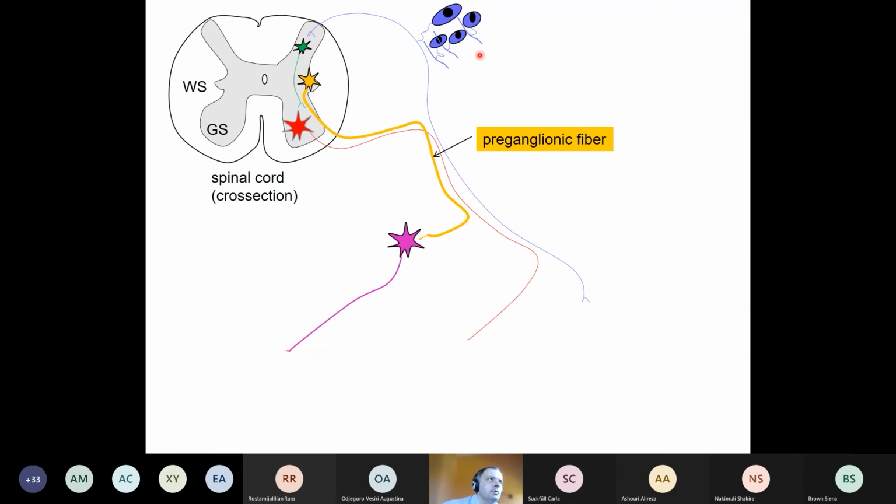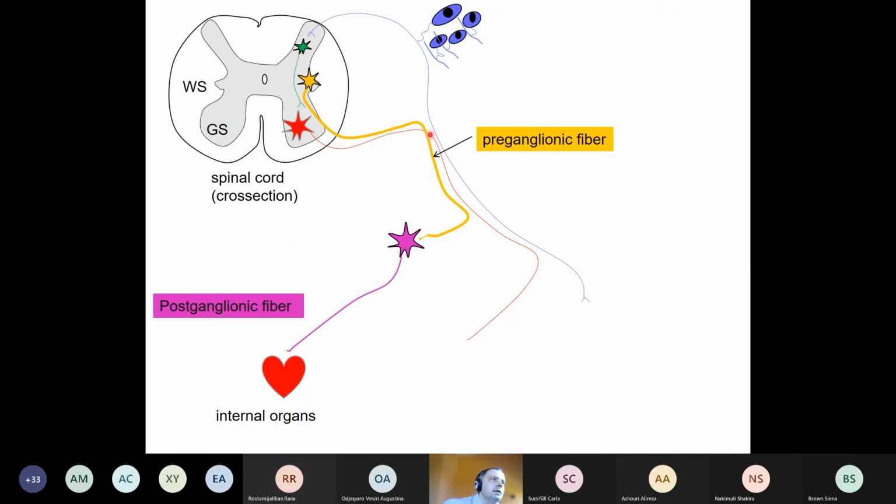Please compare. This was pseudo-unipolar. That is multipolar. So this multipolar neuron will be activated, and then this neuron with its postganglionic fiber, compare please the terminology, will innervate the organ that we have to control, and this could be an internal organ, for instance the heart.